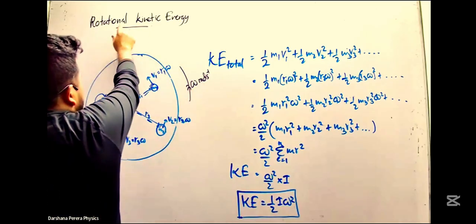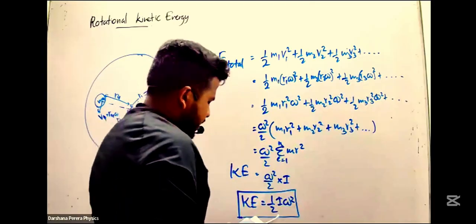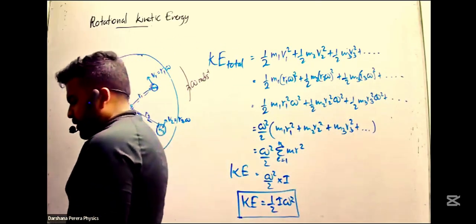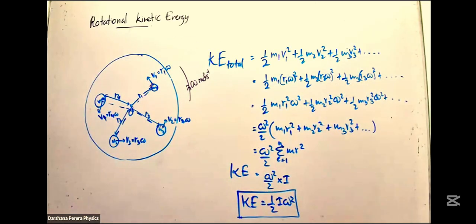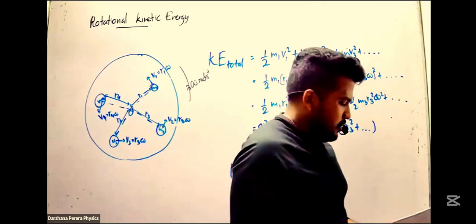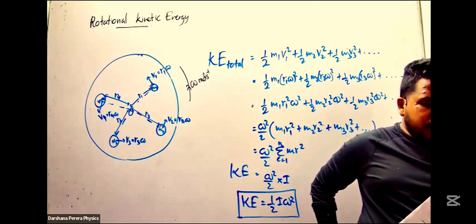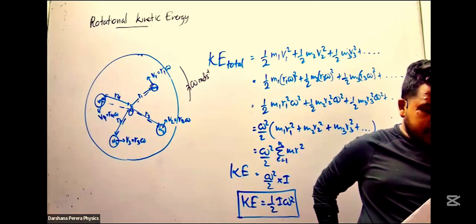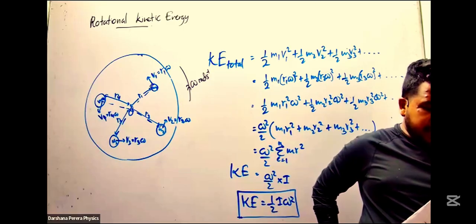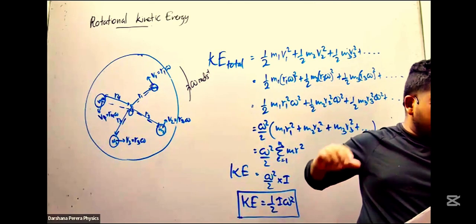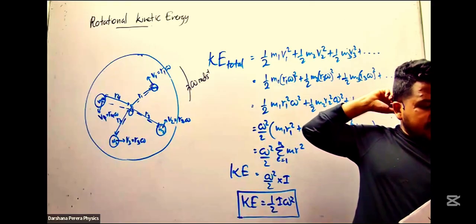After writing down the topic rotational kinetic energy, write down: consider an object rotating around an axis through a fixed point, fixed at the center. The object having angular velocity omega.